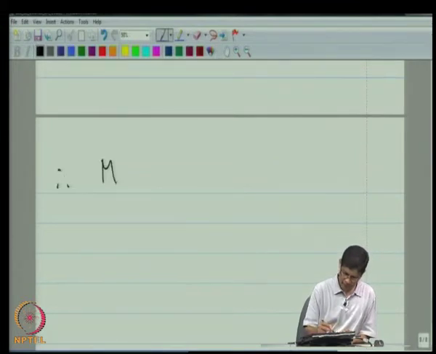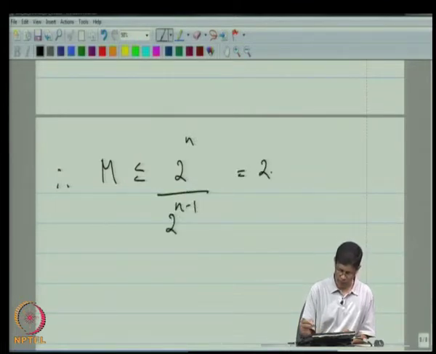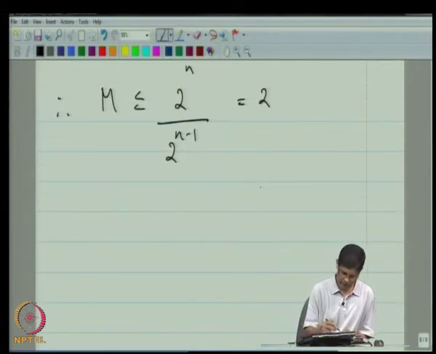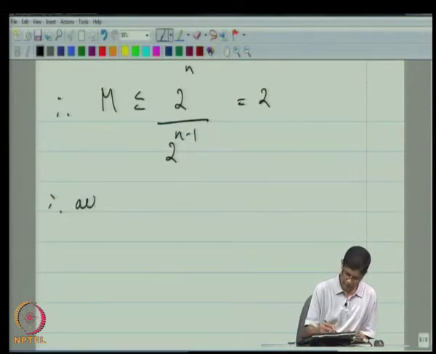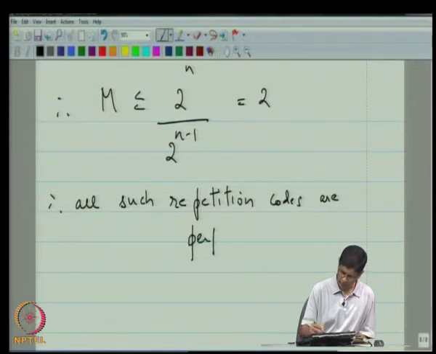Therefore, M is less than or equal to 2 to the n divided by 2 to the n minus 1, which is 2. Okay. Therefore, all such repetition codes are in fact perfect.